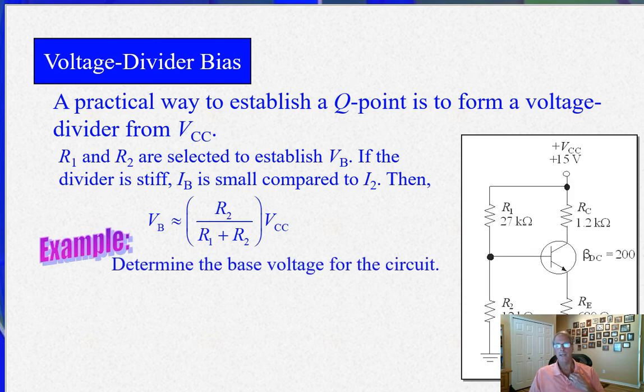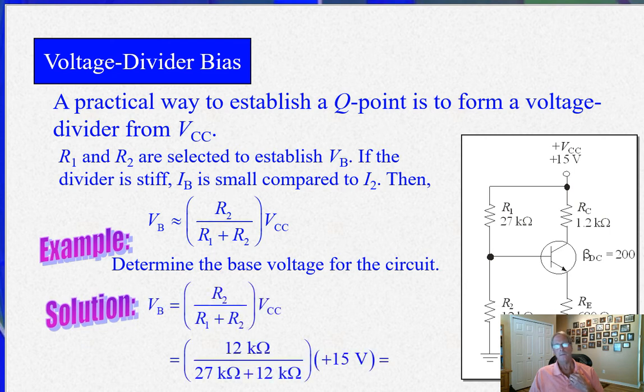So if we have 27K and 12K, simple voltage divider results in 4.62 volts right here. Now this ignores the base current, all right? There's another branch here that is a small current though, it's microamps, whereas these are smaller resistors, in other words, they're not 100K or 1 mega ohm, it's called a stiff voltage divider, all right?